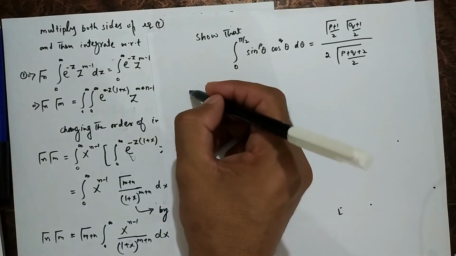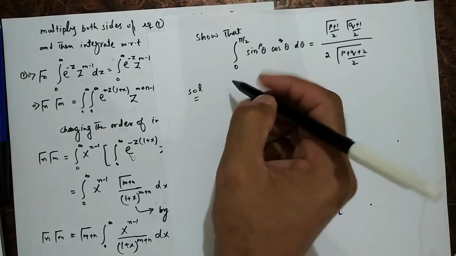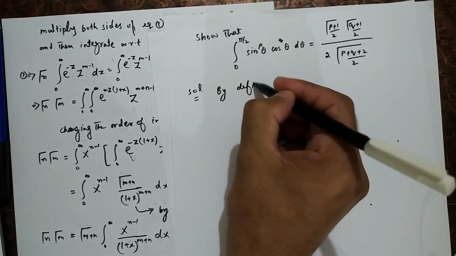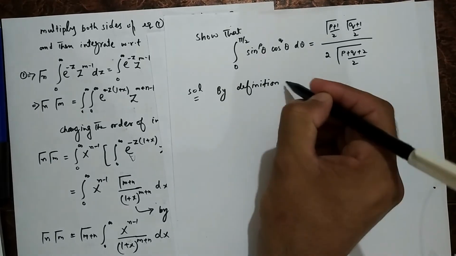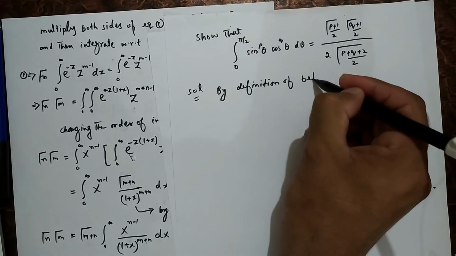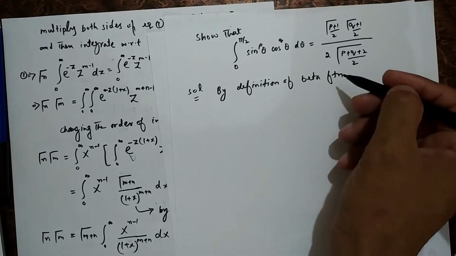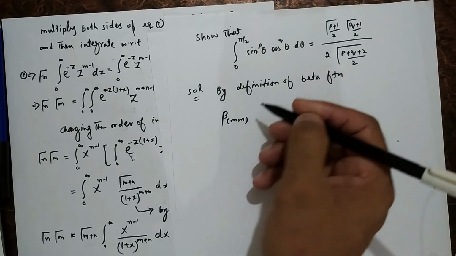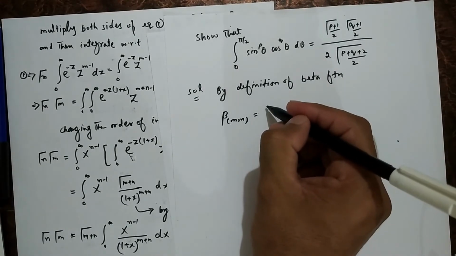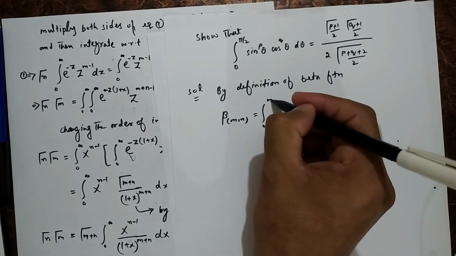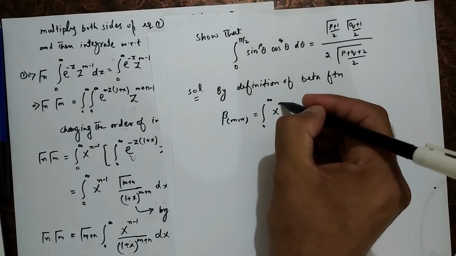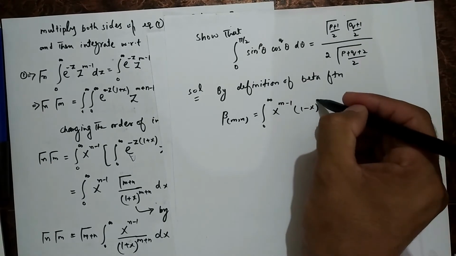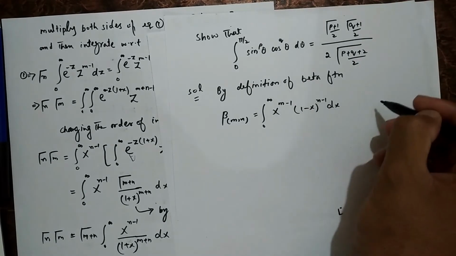So by definition of beta function, we have beta mn. It can be written as integral from 0 to 1 x to the power m minus 1 into 1 minus x to the power n minus 1 into dx.